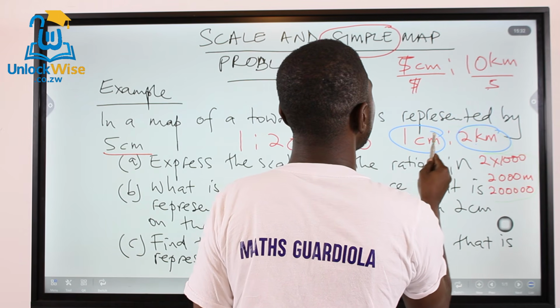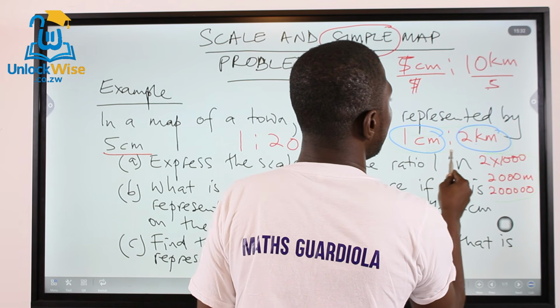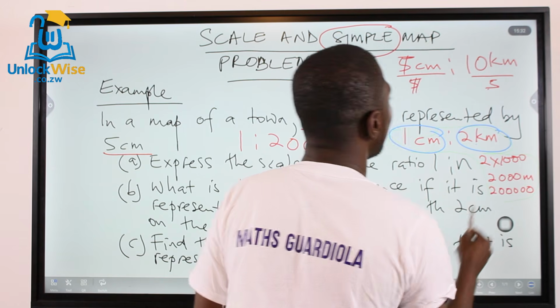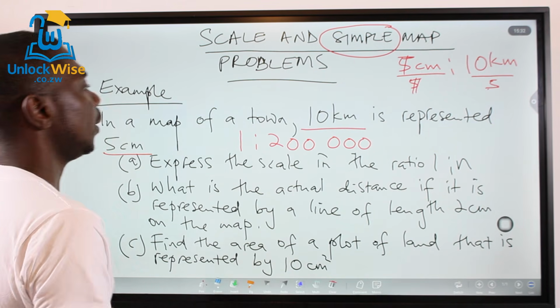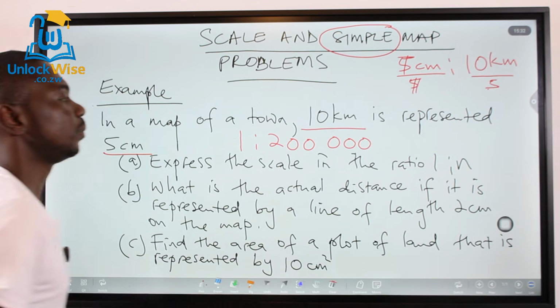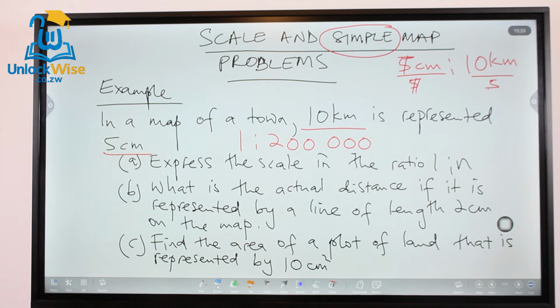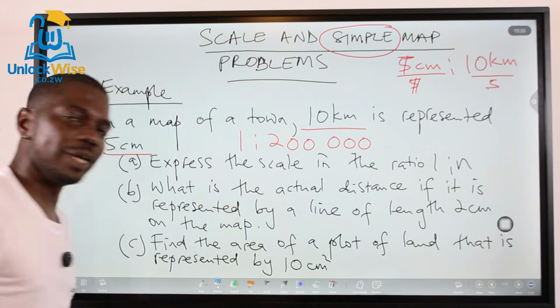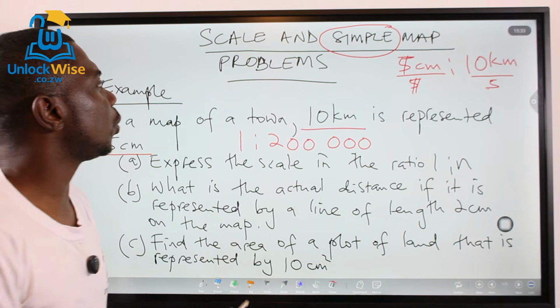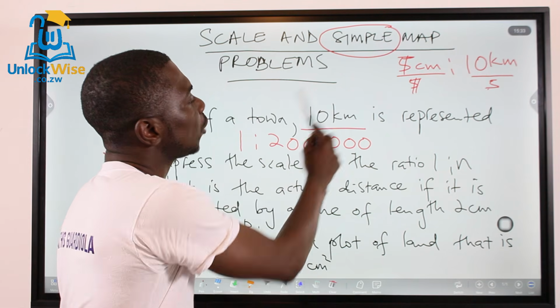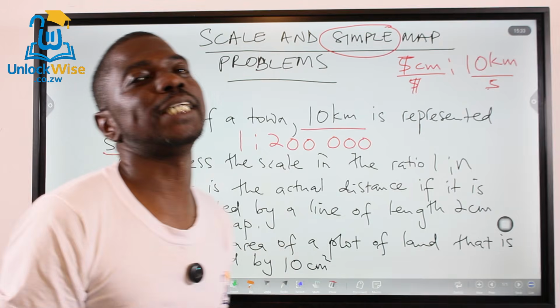Right? That's us writing the number in terms of n. This is our 1 is to n, right? 1 is to 200,000. So this is our scale. You express your actual distance in centimeters, right?